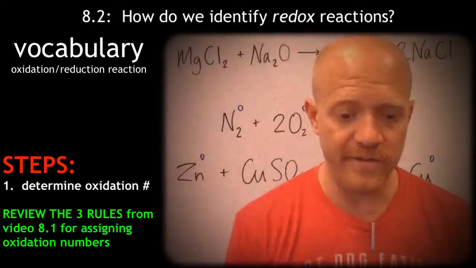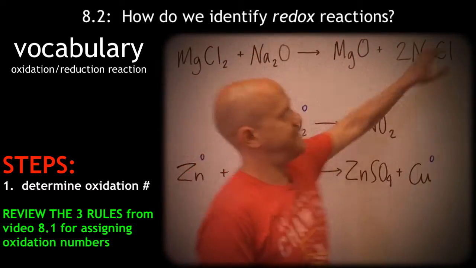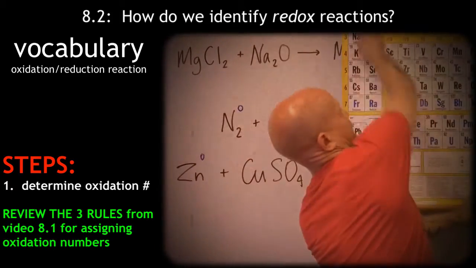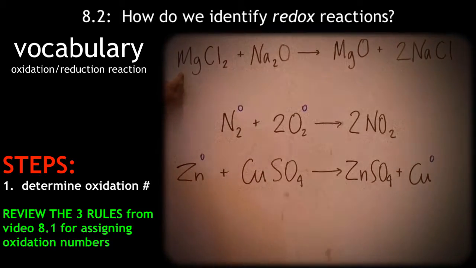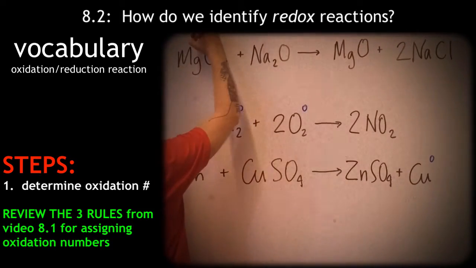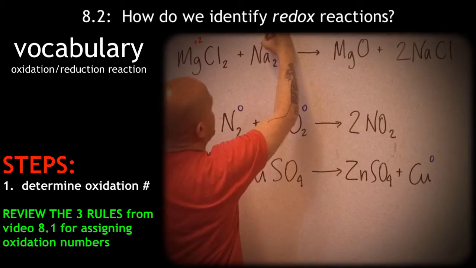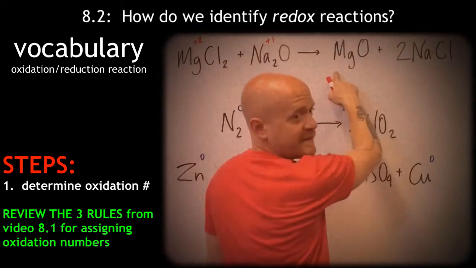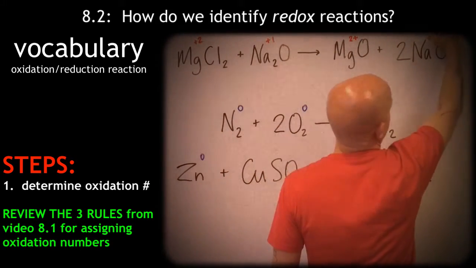Now I'm going to go on and do the next easy ones. I'm going to do the group 1 and the group 2. Magnesium, group 2. This is +2. Sodium, group 1. That's +1. Magnesium, group 2, +2. Sodium, group 1, +1.